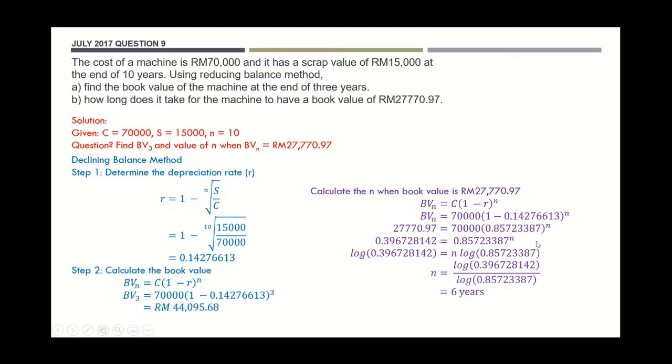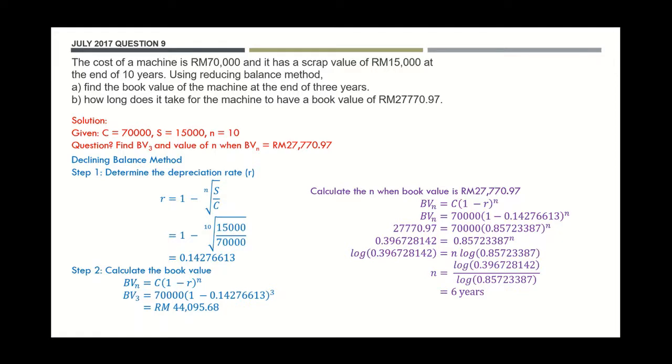In this case, since we are solving for the value of N, and N here is in the exponent form, so it is an index, what you need to do right now is to solve the problem using the logs transformation. So you take log on both sides.